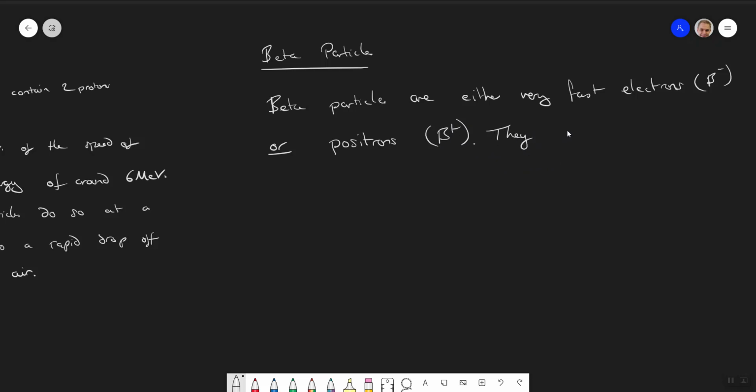They're emitted due to the change of quarks in the nucleon.